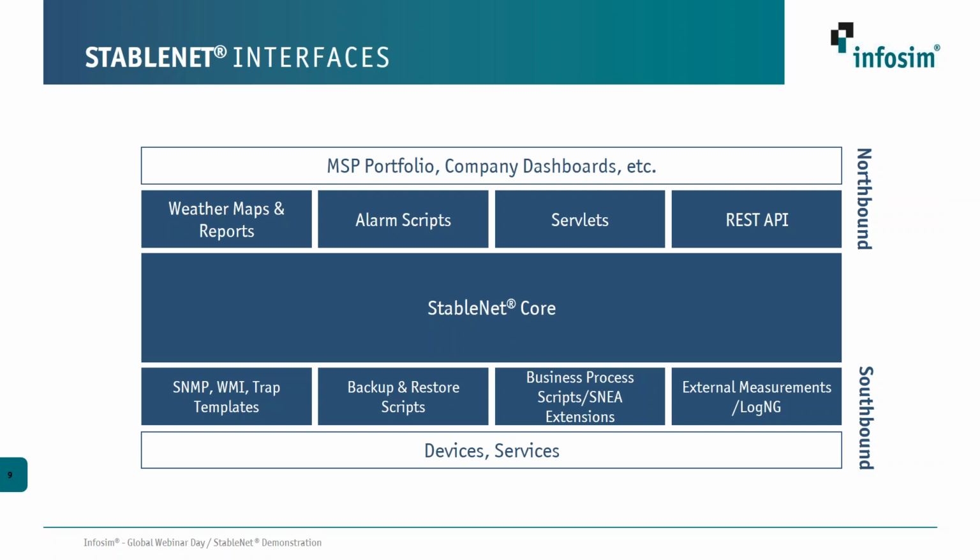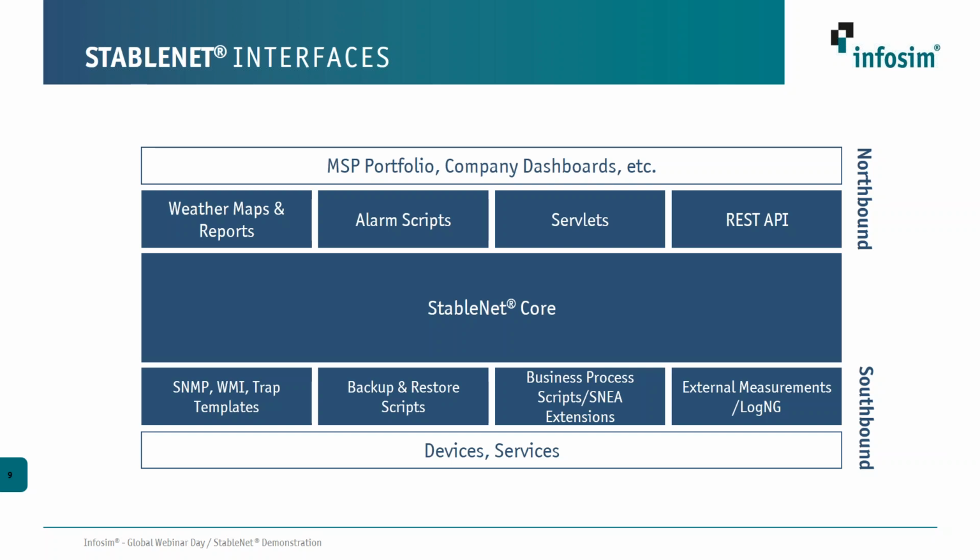Now let's have a quick look at the available interfaces for partner or customer extensions. As you can see, both to the north and to the south, we offer a variety of protocols, scripts, and other methods used to exchange data or to import data with northbound or southbound systems, services, or devices.